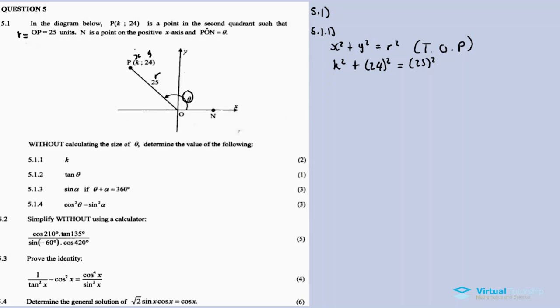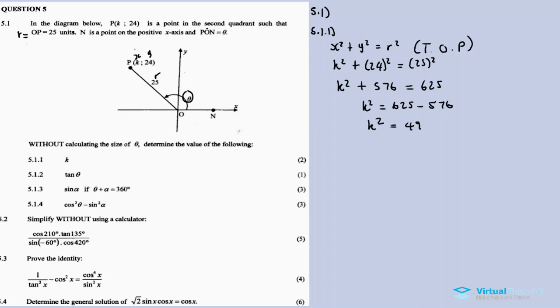So 24 squared is 576, and 25 squared is 625. Now solve for K: transpose the 576 to the right-hand side, and 625 minus 576 is equal to 49.